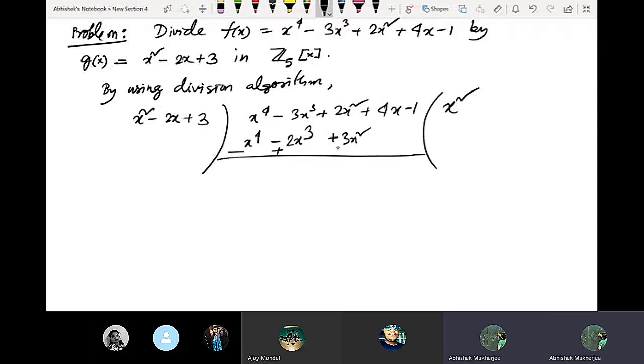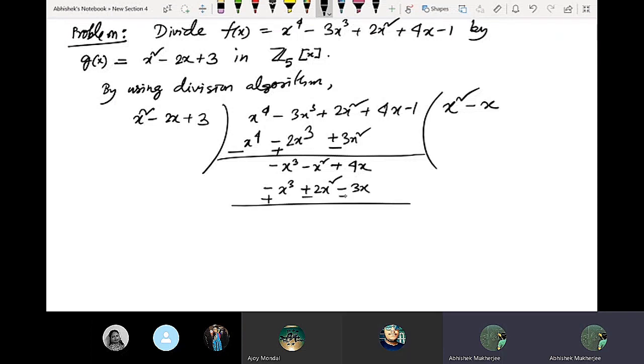Now, this will be minus x cube minus x square plus 4x. Now we can put minus x, that is minus x cube plus 2x square minus 3x.